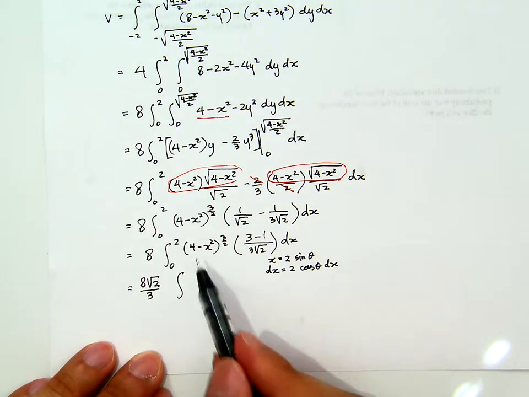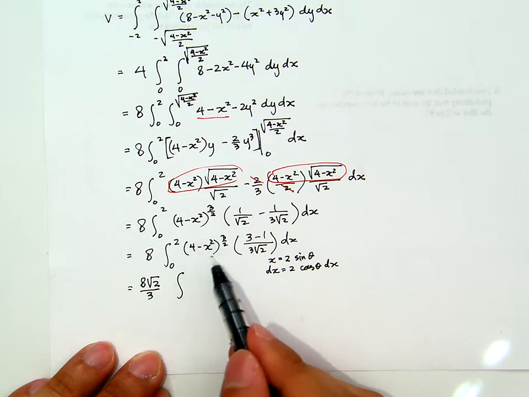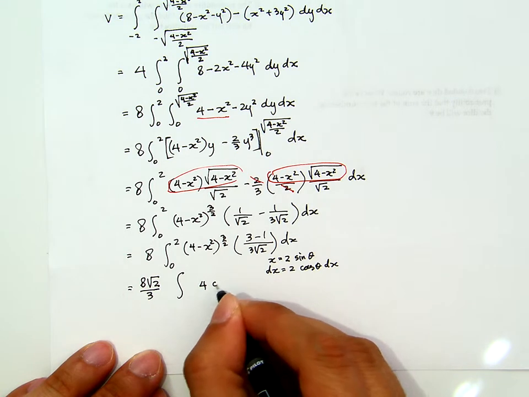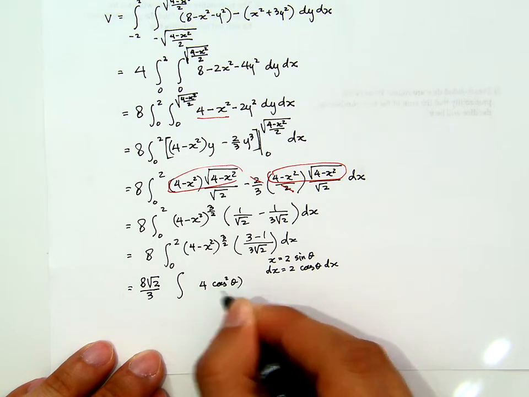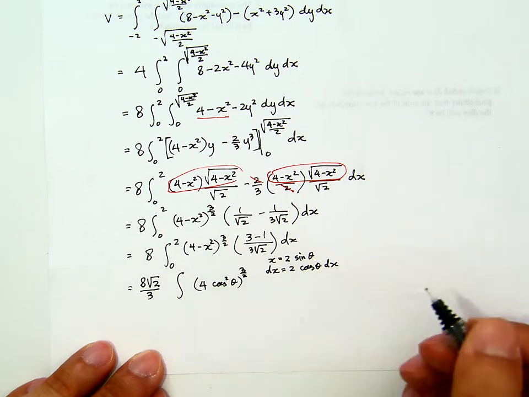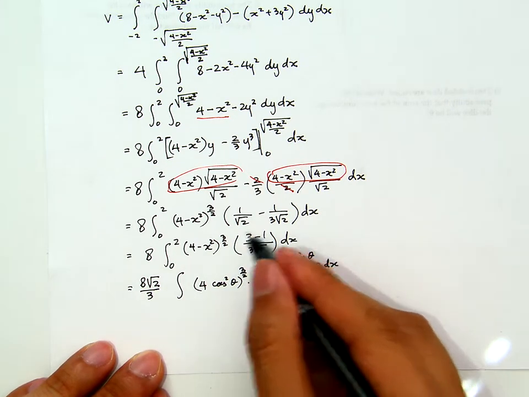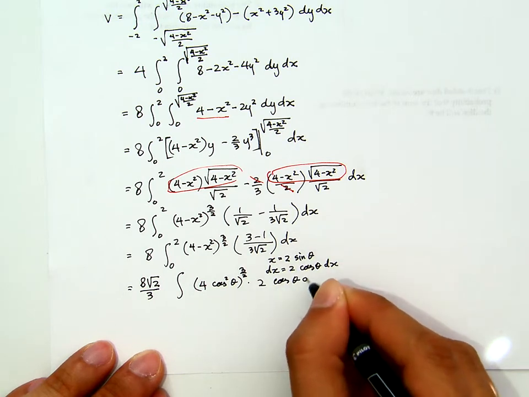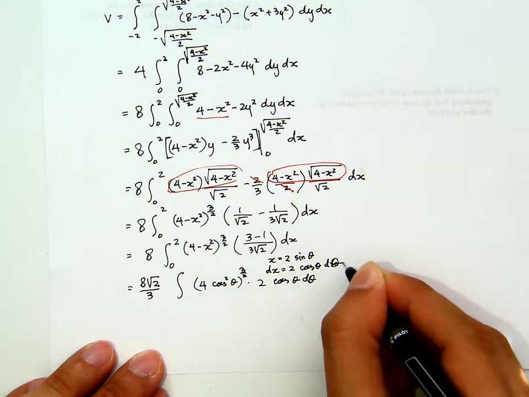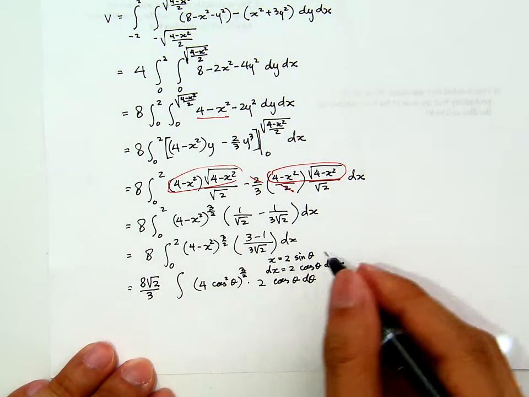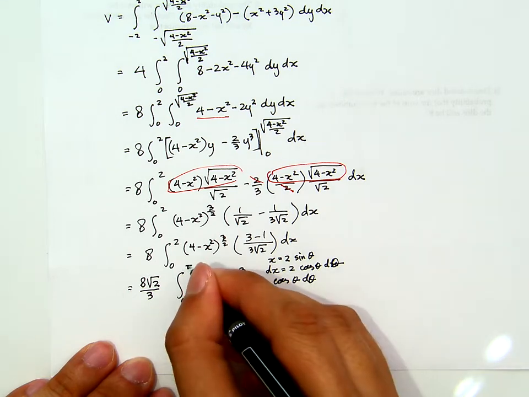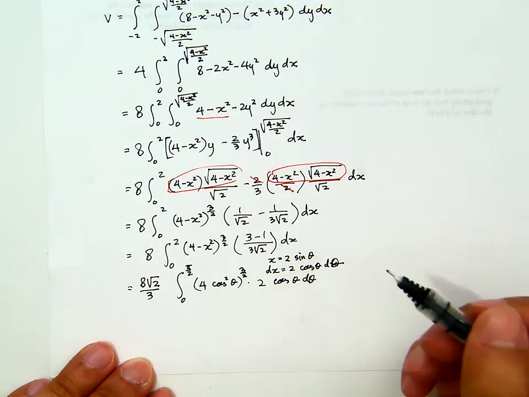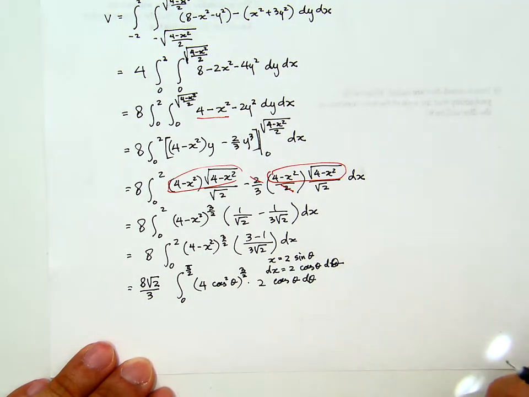Okay, now with that, the 4 minus x squared will be 4 cosine squared theta to the power of 3/2, and then the dx now becomes 2 cosine theta d theta. Now the boundary will be from 0 to pi over 2, right? Because when you plug in 0, theta equals 0. When x equals 2, theta is pi over 2.